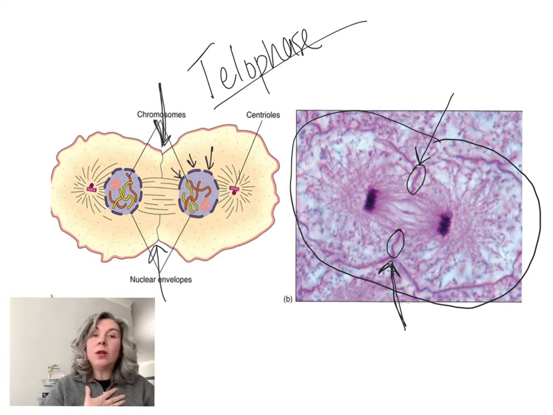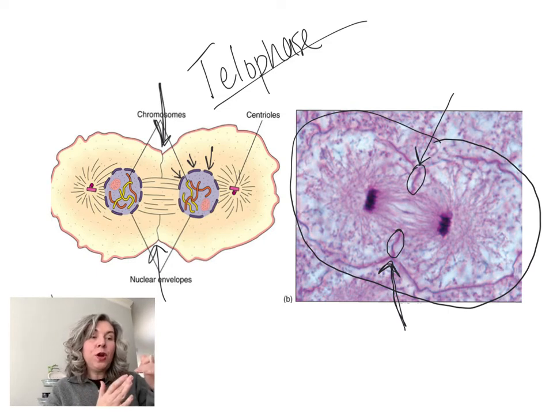Now, under our light microscopes, we can't really see that nuclear envelope beginning to reform, but it is, and your DNA is still going to be in the form of chromosomes in telophase, but gradually they're going to start to unwind and become chromatin again.